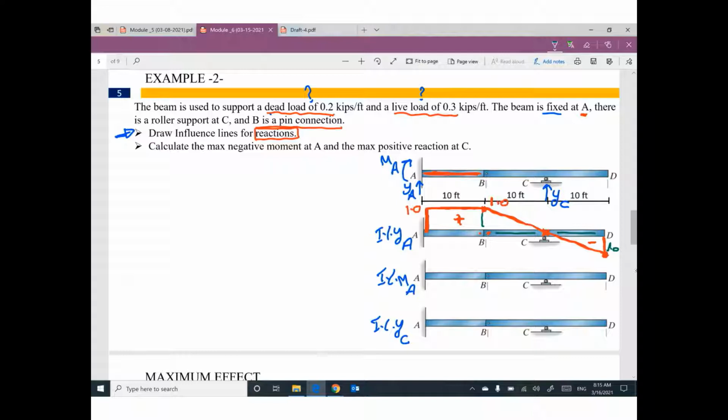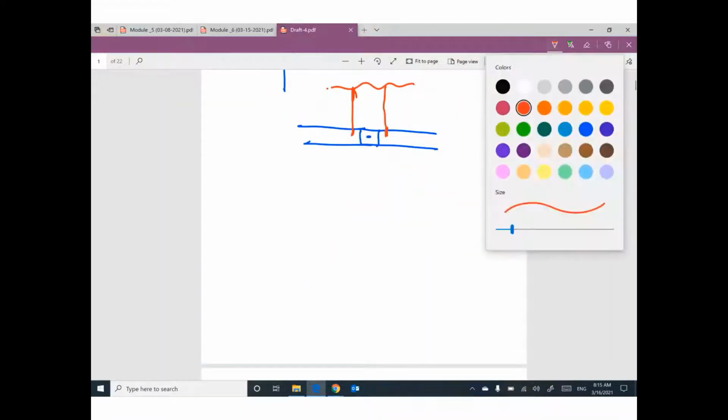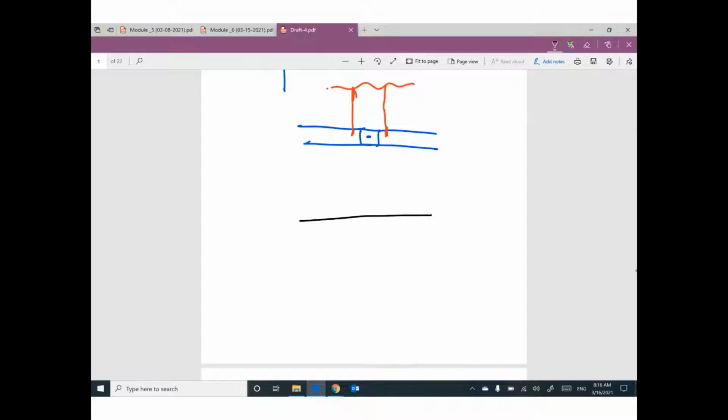Influence line for moment. Just a reminder. Last meeting, I told you if you have a part supported by this fixed, the assumed moment would make this bar smile. So this is MA.